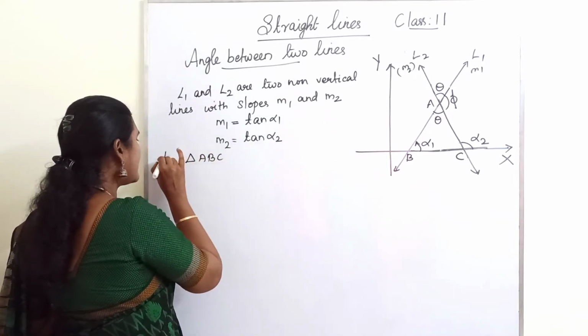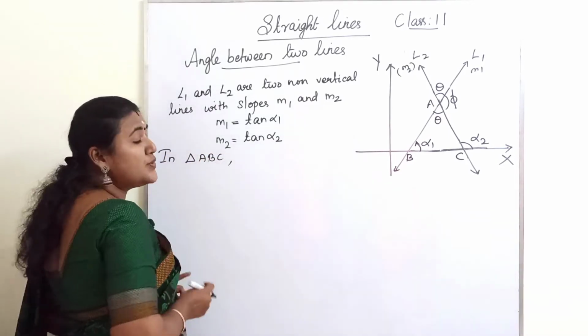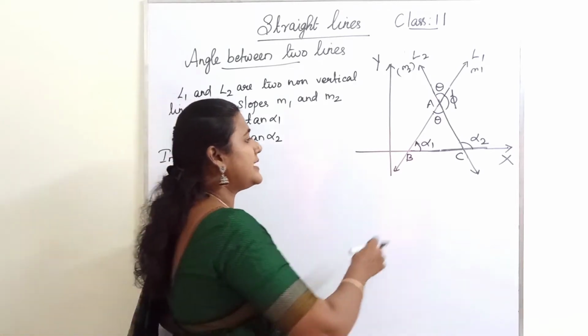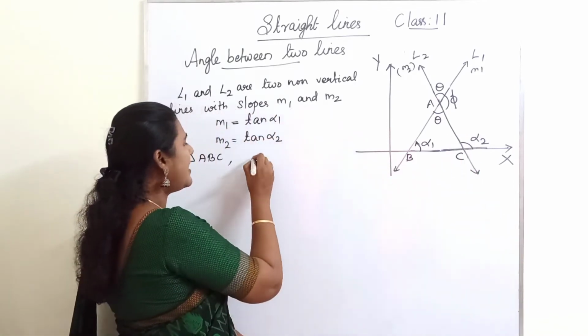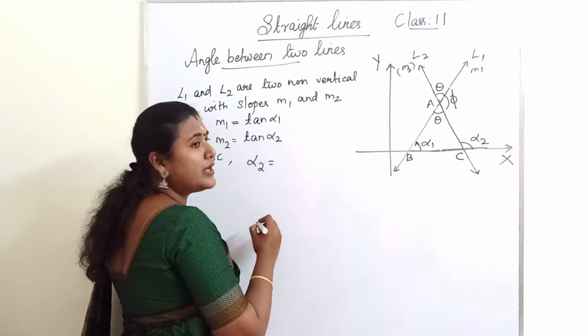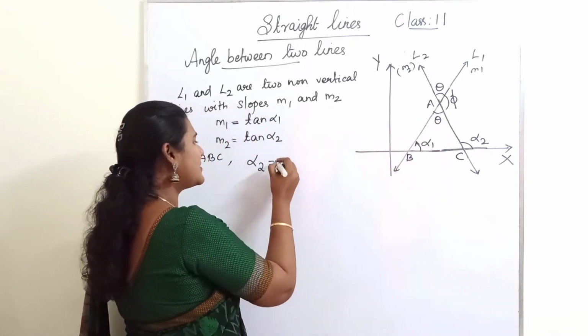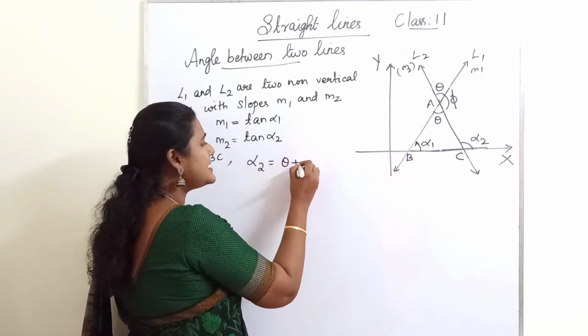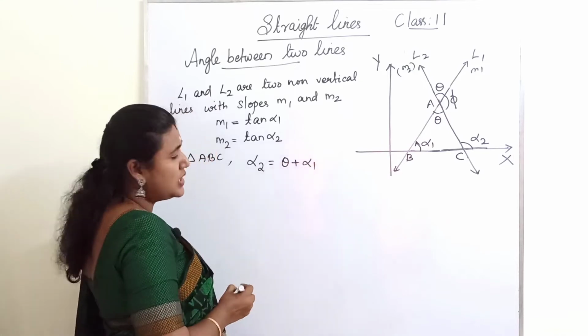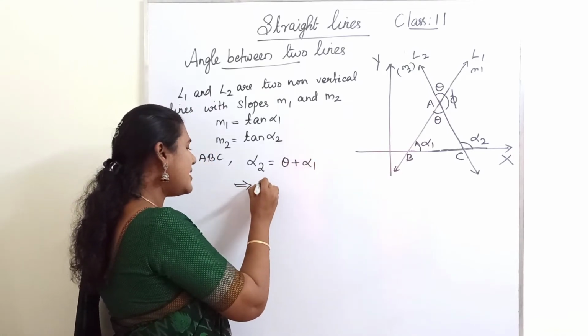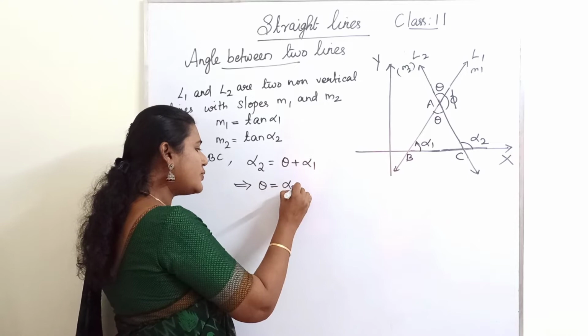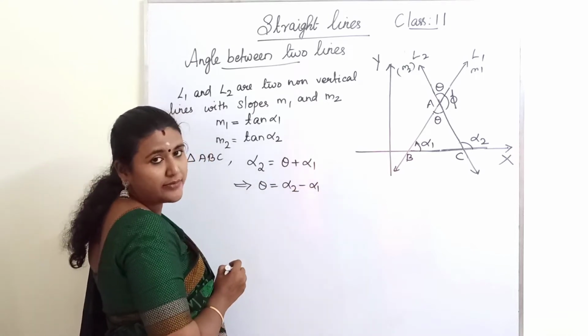In triangle ABC, using the exterior angle property, the exterior angle alpha 2 is the sum of the interior opposite angles, so alpha 2 equals theta plus alpha 1. From this, theta is equal to alpha 2 minus alpha 1.